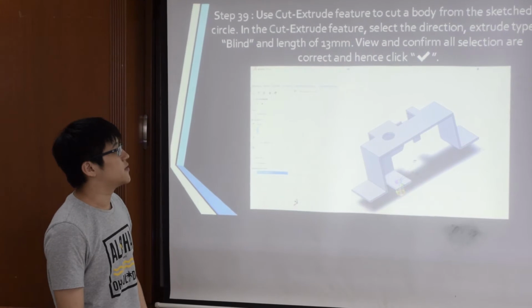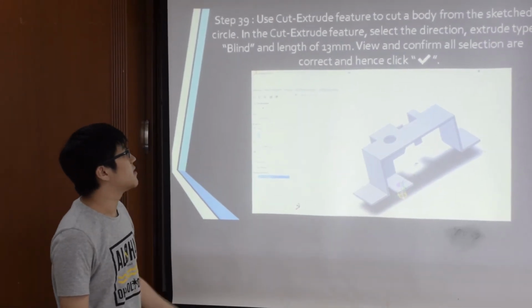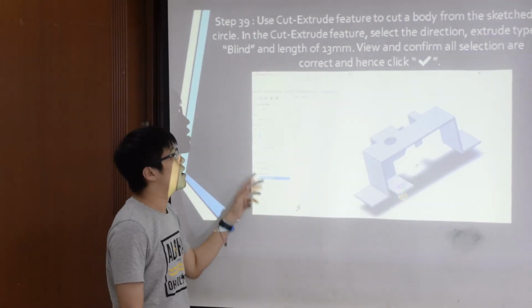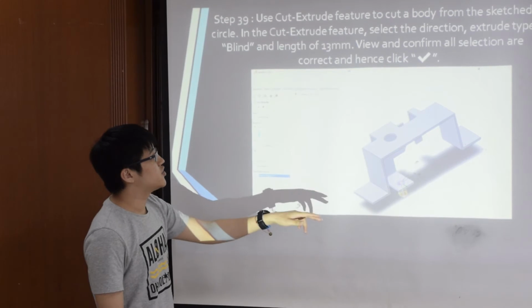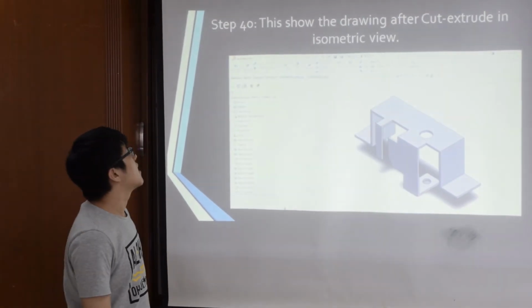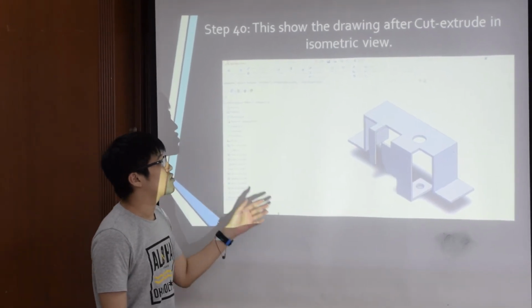In the Cut-extrude feature, select the direction, extrude type blind and the length of 13 mm, or you can choose the throughout also can, and view and check all is correct and hence click correct. Have a tick. After that, it will show our drawing after Cut-extrude in the isometric view.